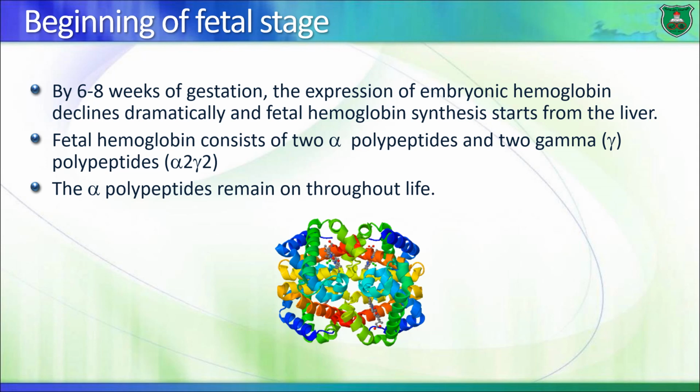Now, in the fetal stage, by 6 to 8 weeks of gestation, you have production of the gamma polypeptide. So the major form of hemoglobin is now known as HbF for fetal, and it is alpha 2 gamma 2. Remember that the alpha polypeptide continues to be synthesized throughout life.